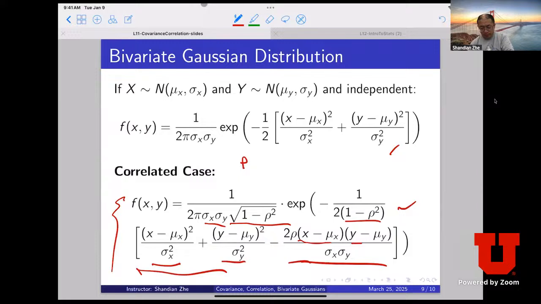Then this factor becomes 1, and this factor also becomes 1. They just disappear, they're constant 1. And because rho is 0, this third term is 0 as well. So you recover the simpler case where x, y are independent.